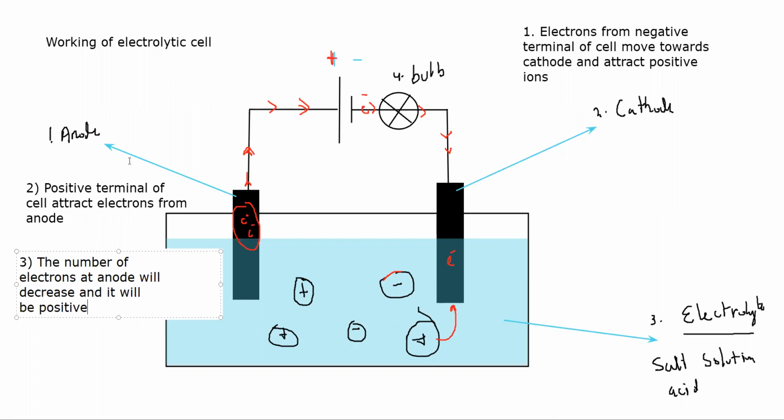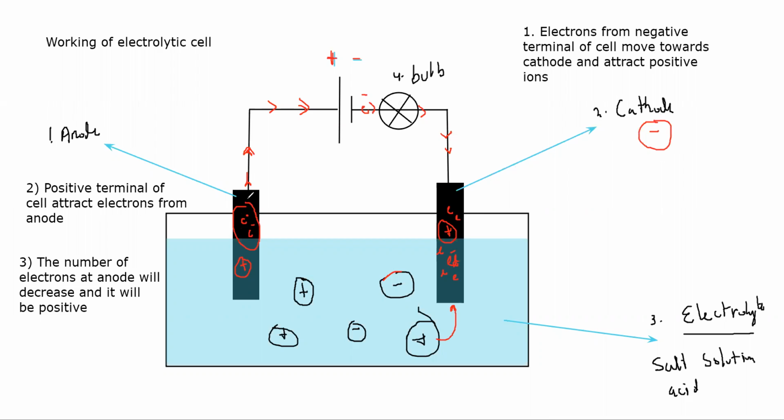Basically, the anode and cathode contain positive charges and free electrons. But at the cathode, electrons move in from the negative terminal of the battery. As these electrons move in, most of the particles are electrons, so the cathode will become negatively charged.